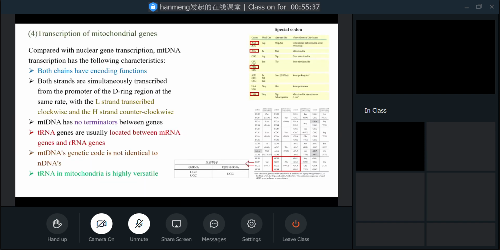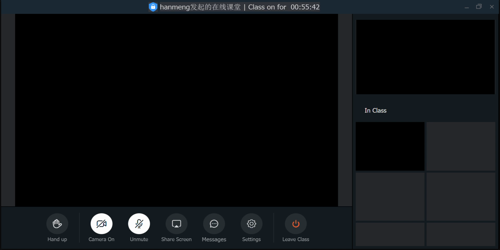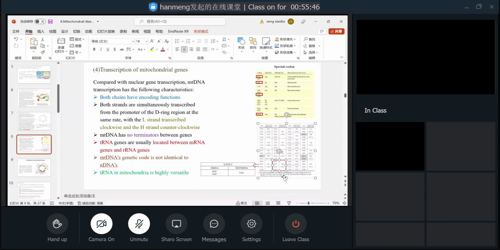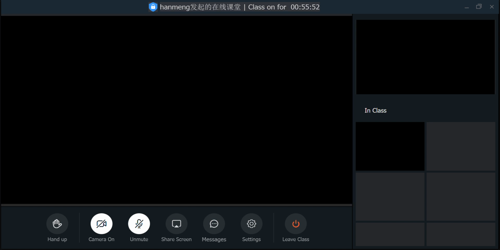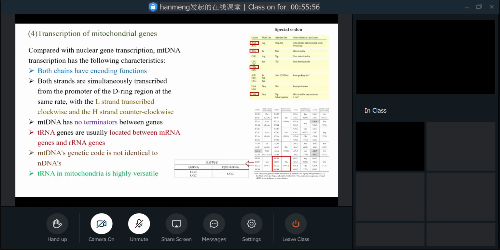Here's the codon for the ALA amino acid, alanine amino acid, which is GCU, GCC, GCA, and GCG.